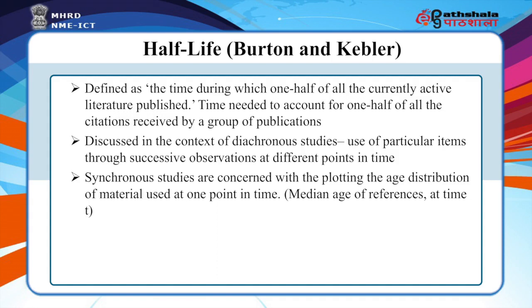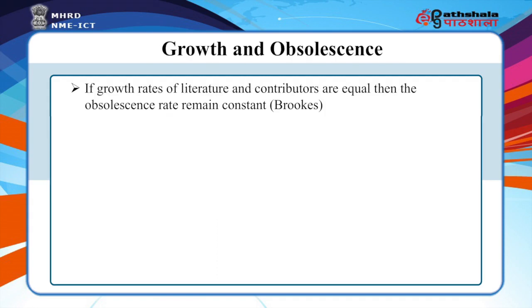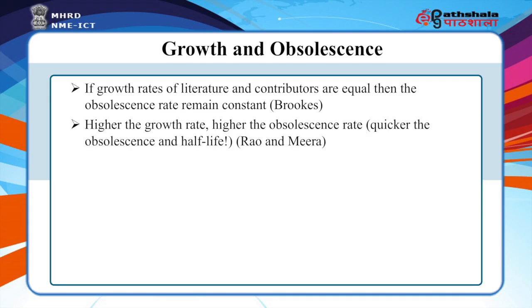Synchronous studies are concerned with plotting the age distribution of material used at one point in time, the median age of references at time t. If growth rates of literature and contributors are equal, then the obsolescence rate remains constant. The higher the growth rate, the higher the obsolescence rate, the quicker the obsolescence and the shorter the half-life.